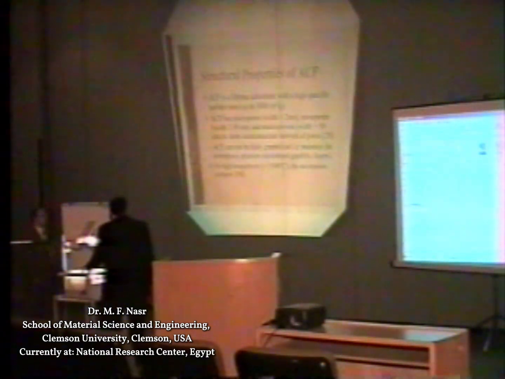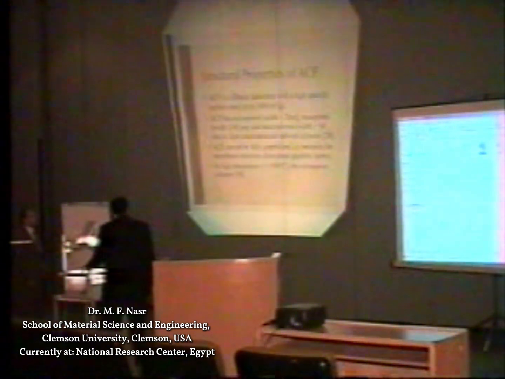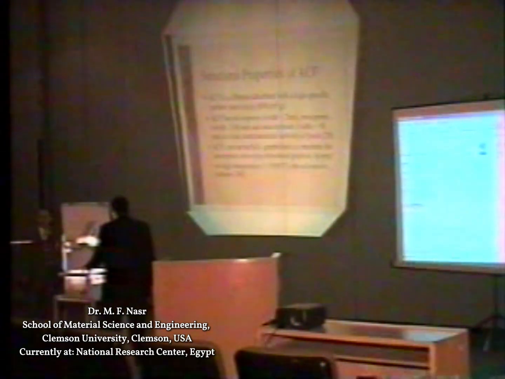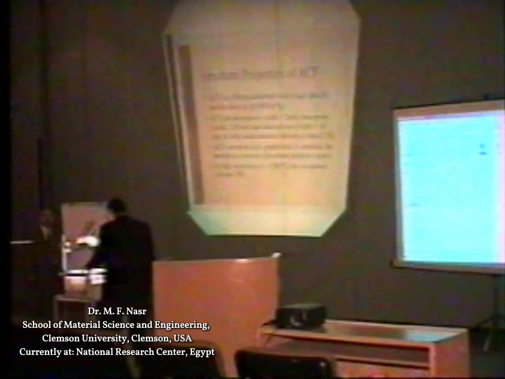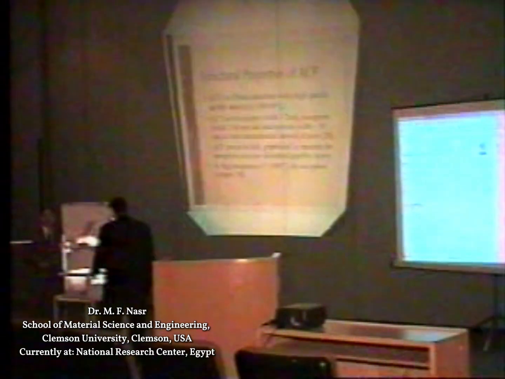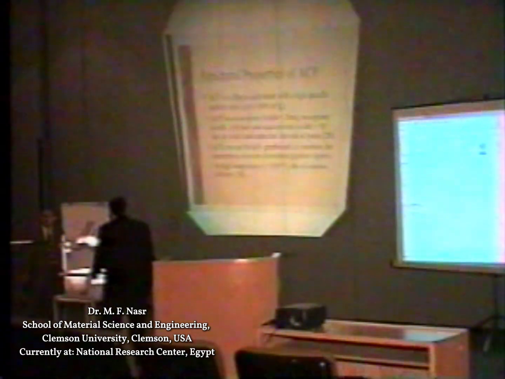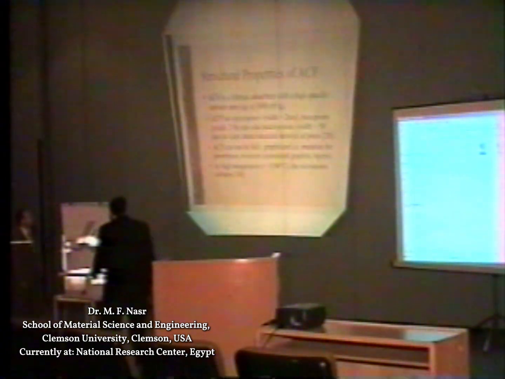Also, because of the activation, we create three different types of pores. We create the micropores, which are less than 2 nanometers in size. We create mesopores, which are above 2 nanometers and less than 50 nanometers. And also we create the macropores, which are higher than 50 nanometers.